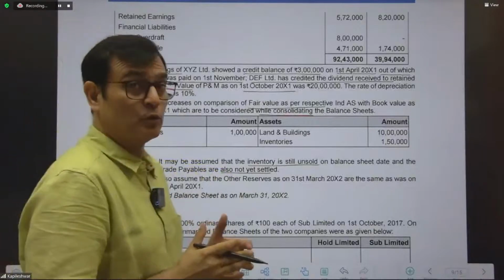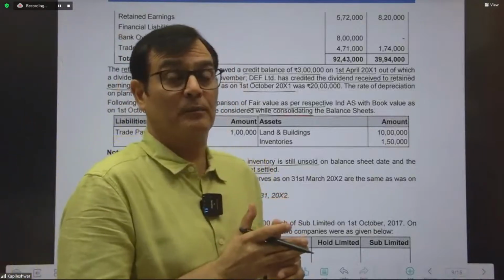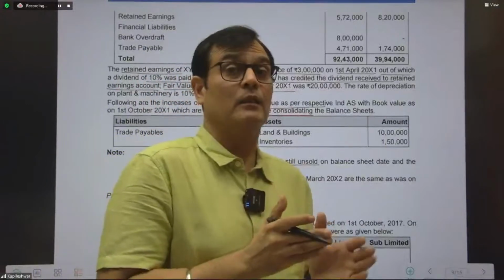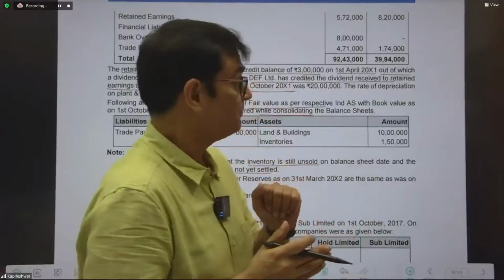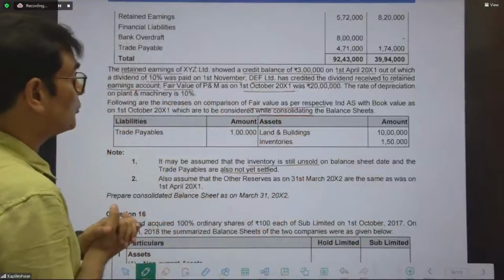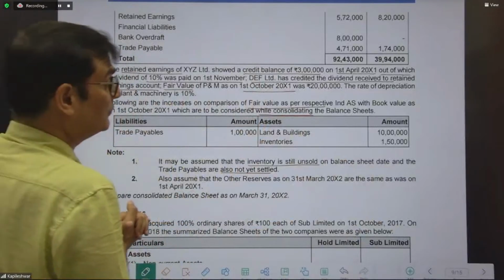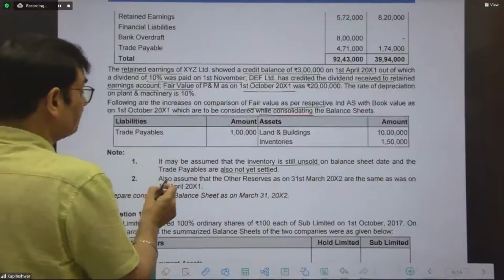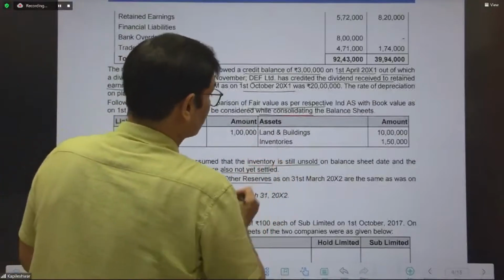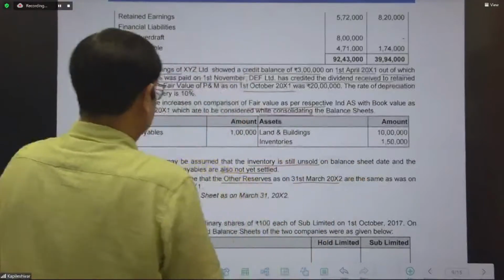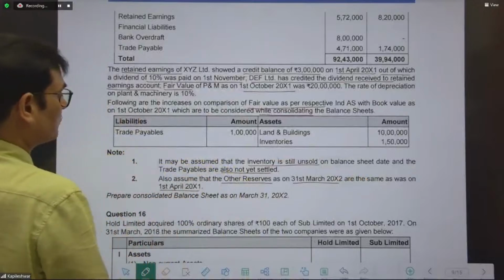Because once I'm going to make the balance sheet, the trade payable, since it is still unsettled, will be updated at a fair value. The inventory is unsold, so it will be updated at a fair value in the consolidated balance sheet. Also assume that other reserves on March X2 is same as on the 1st April X1.